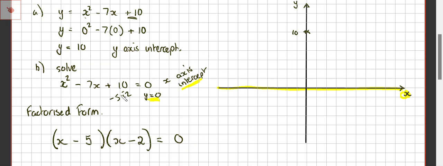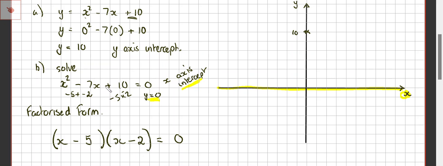Positive 10. But what's negative 5 add negative 2? Negative 10. So Eden said 5 times 2 makes 10. It's positive, so positive 5, positive 2. But positive 5 and positive 2, you add them together, make positive 7.